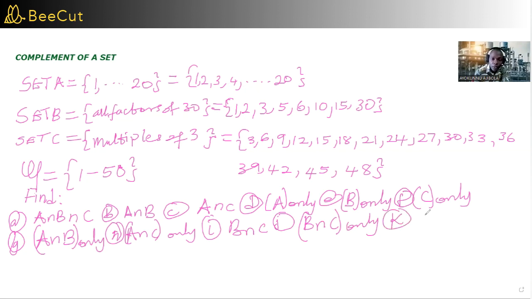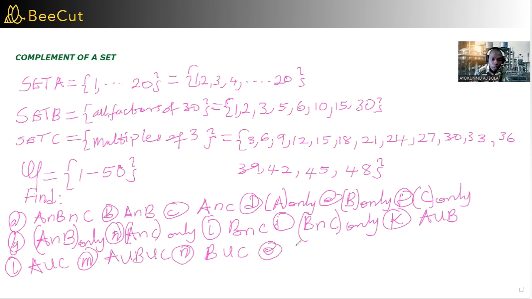And so find A union B. Then A union C. Then A union B union C. Then B union C. You can say find A complement.